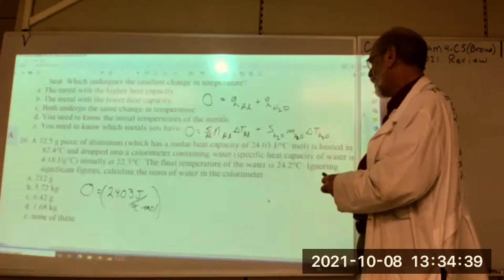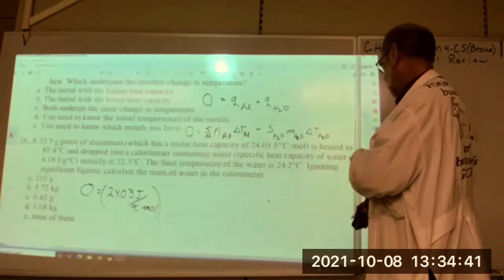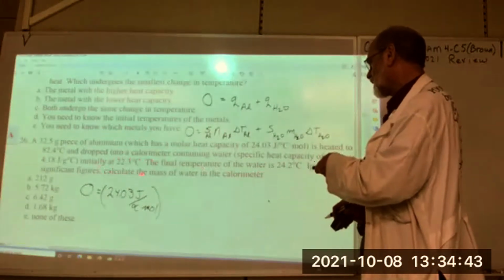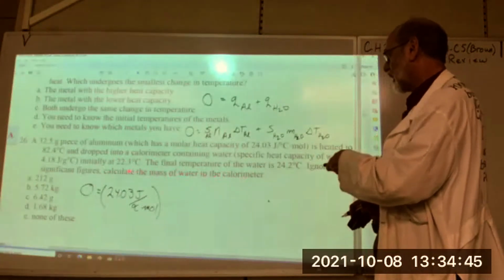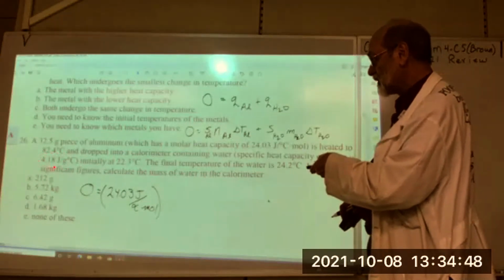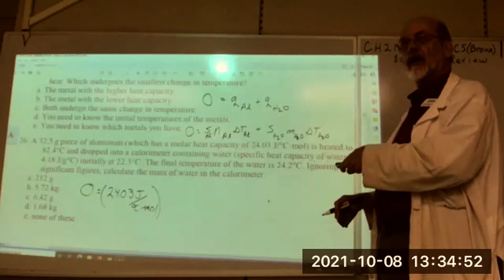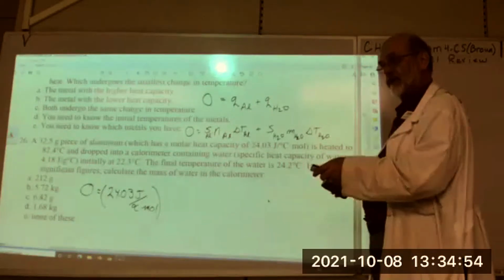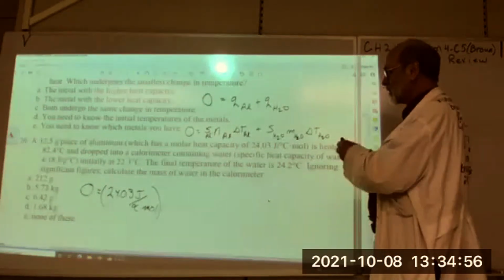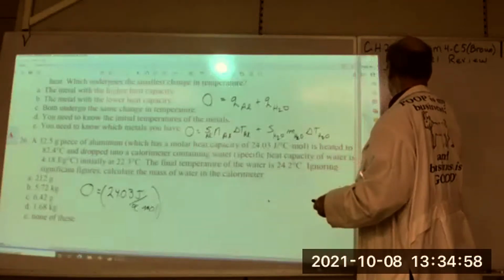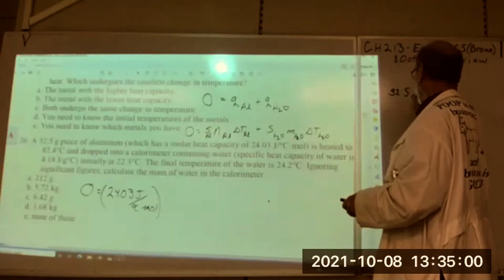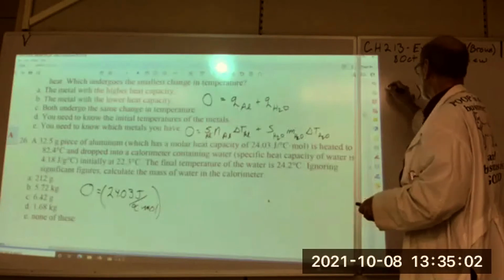Okay. How about water? Did they give us, calculate the mass of the water? Okay. And this one, the specific heat capacity for water is in joules per gram degree C. Okay. So we can leave the water alone. We just need to convert 32.5 grams of aluminum into moles.